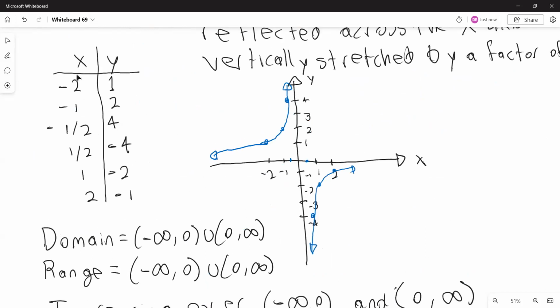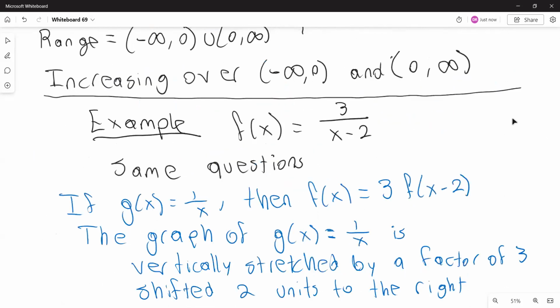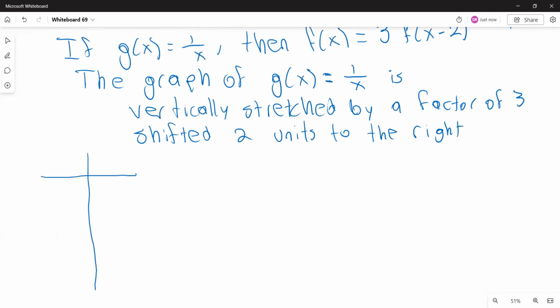So this didn't affect the domain. -2 plus 2 is going to be 0. Then -1 plus 2 is 1. -1/2 plus 2 is 3/2. 1/2 plus 2 is 5/2. 1 plus 2 is 3.